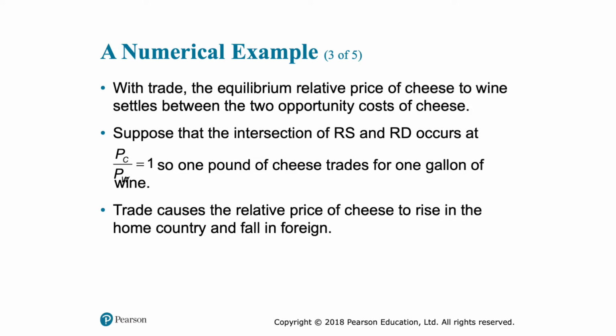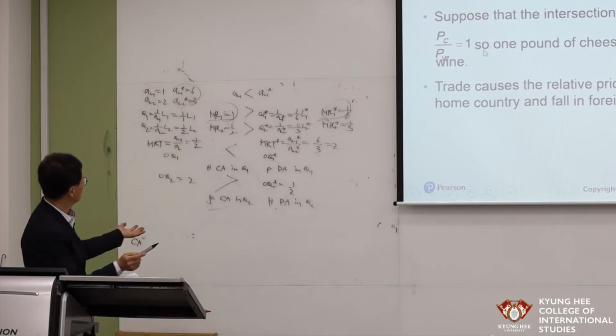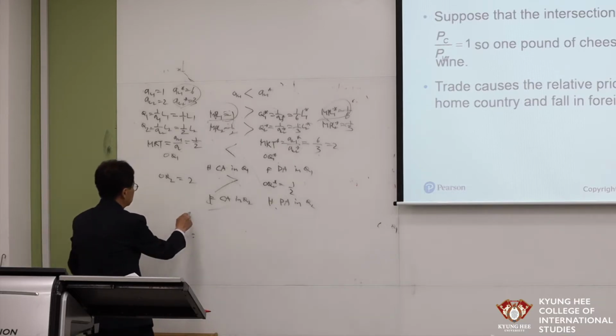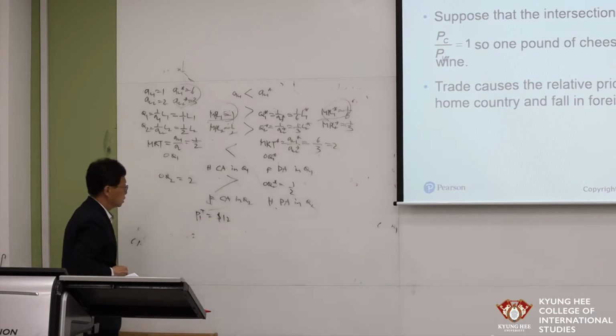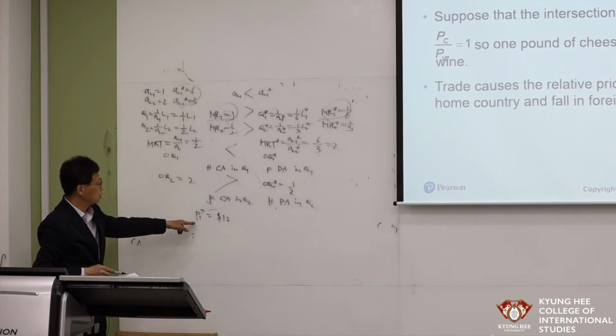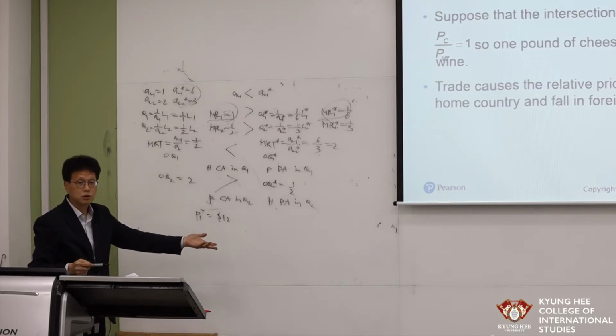Anyway, we assume that P1 over P2 is equal to 1. Or, for example, P1T is $12. After trade the price of Q1 is $12, for example.